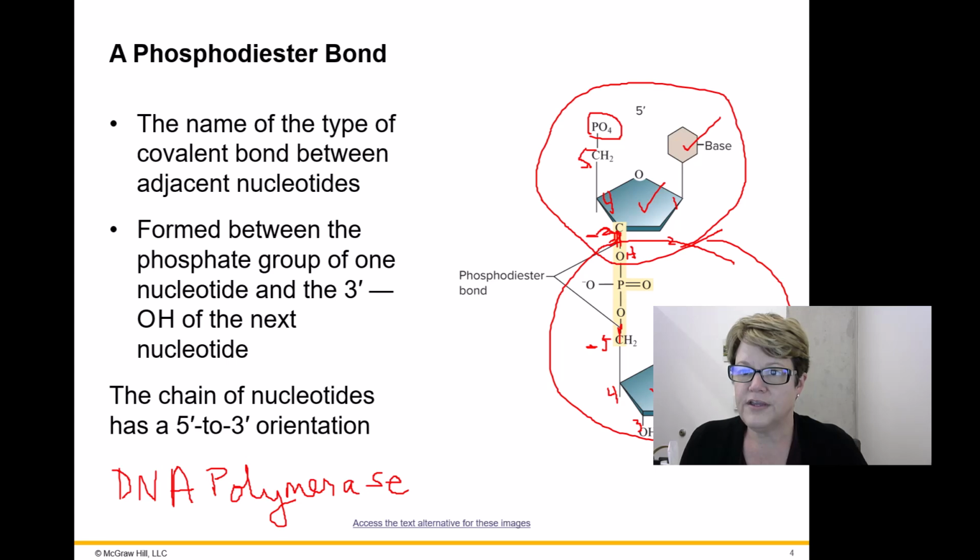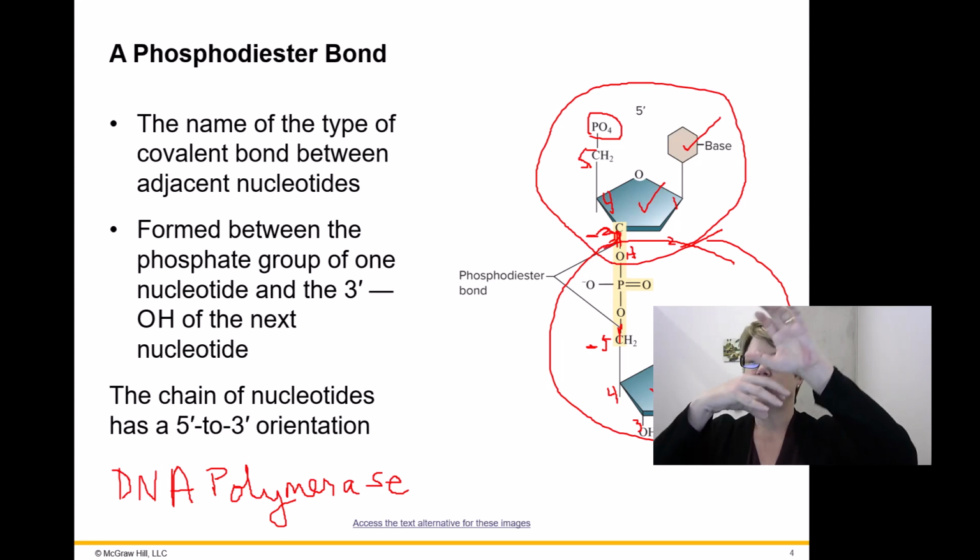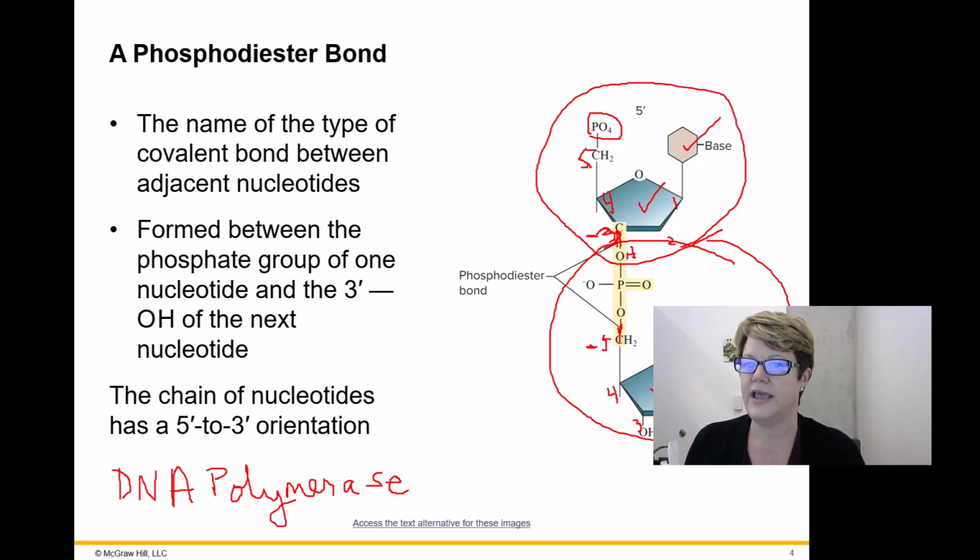So before they're connected together, they come close to each other. The 3' hydroxyl on this nucleotide and the 5' phosphate on this nucleotide, and that's where the dehydration synthesis is going to happen. And a bond is made and water is formed.